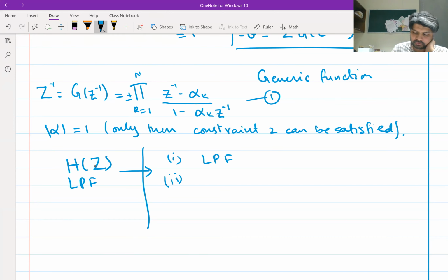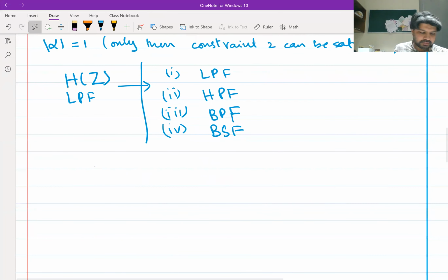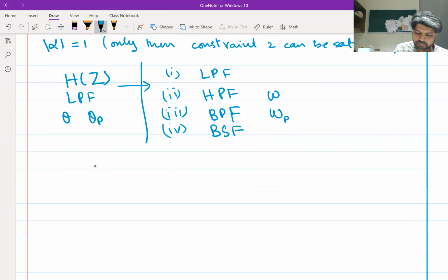Second, you can transform it to a high pass filter. Third, to a band pass filter, and fourth, to a band stop filter. Remember the frequency variable here is theta, and theta p would be the pass band frequency. The frequency variable here is omega, and omega p would be the pass band frequency.